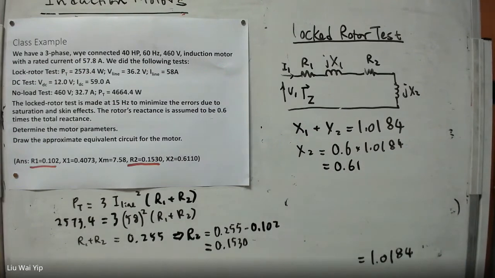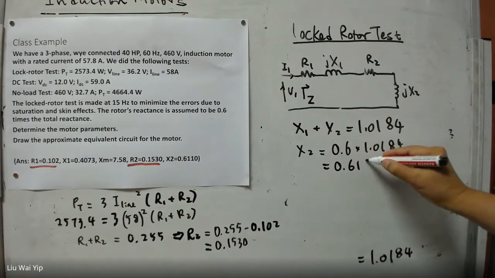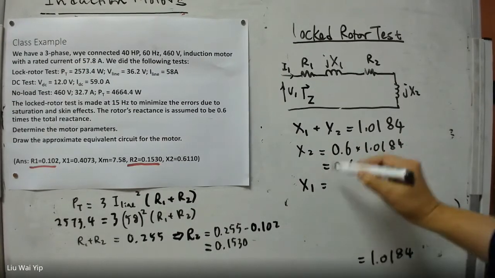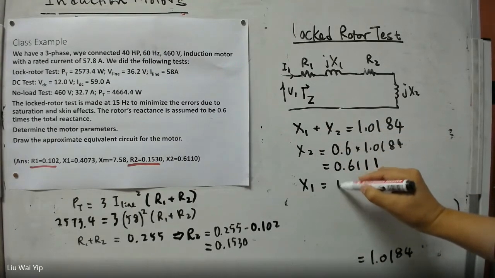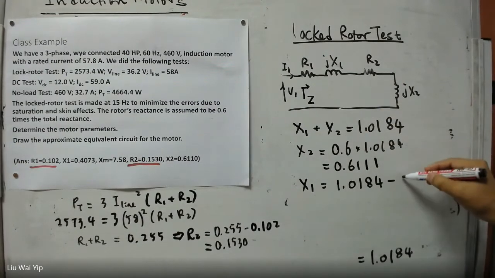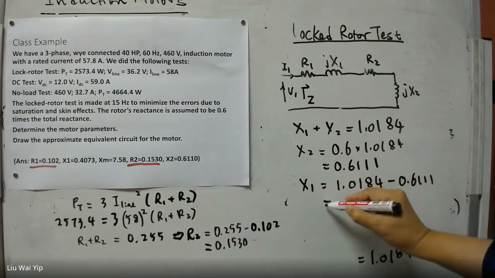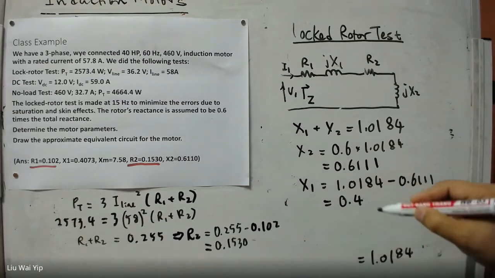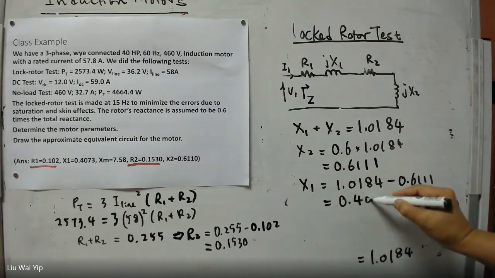Let me check. 0.6111. And X1, according to this equation, is going to be 1.0184 minus X2, and the value here is going to be 0.4074.